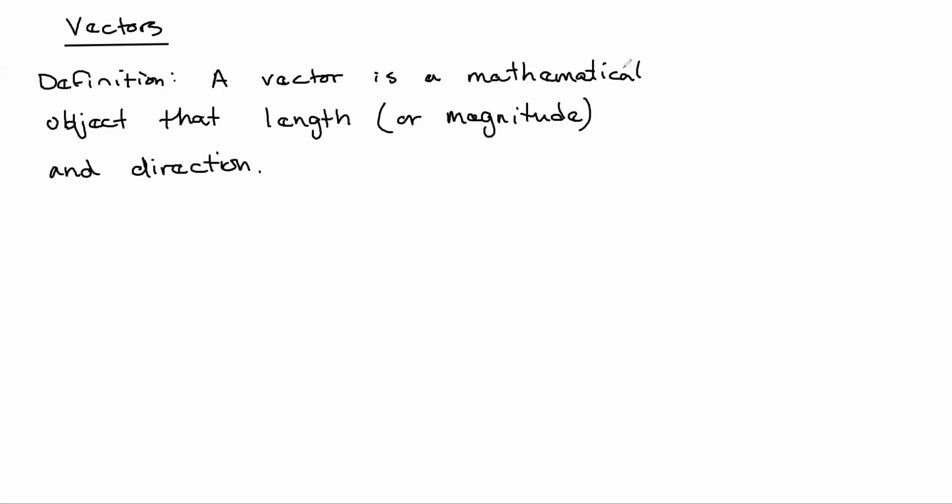It looks like an arrow. So for some examples, we could say this is a vector, this is a vector, this is a vector, and so on. You can draw any arrows; they are vectors.